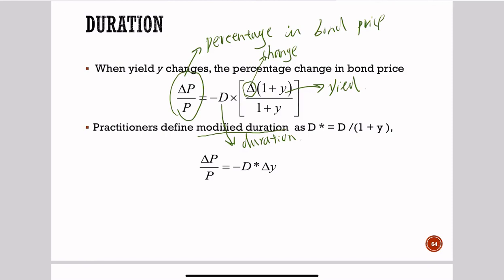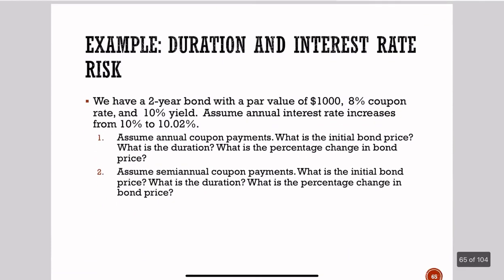Then the percentage change in the bond price equals minus modified duration times the change in bond yield, right? So this is a nice clean formula. It tells you that if there's a change in the bond yield, how the bond price will change in percentage terms.